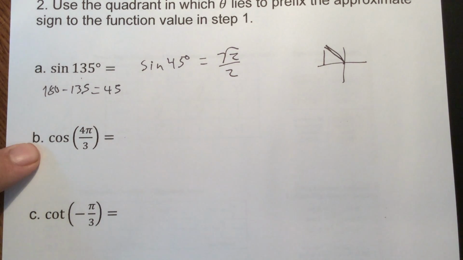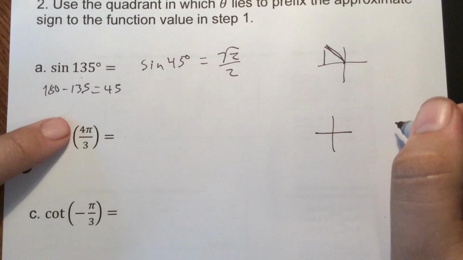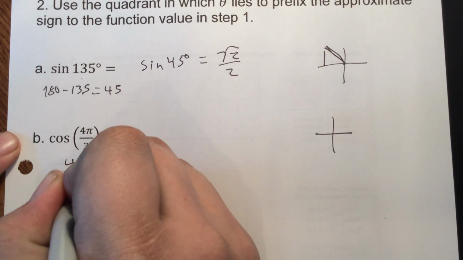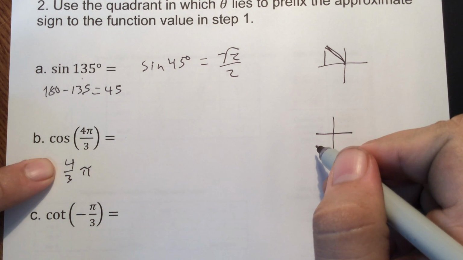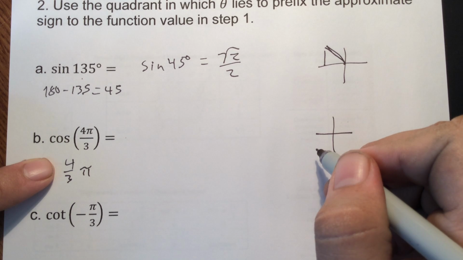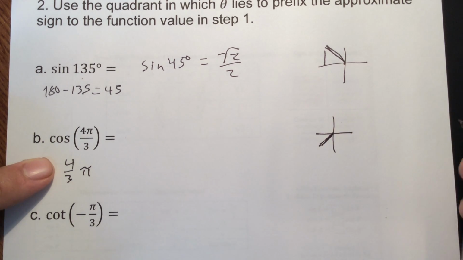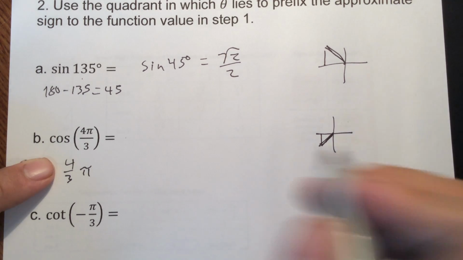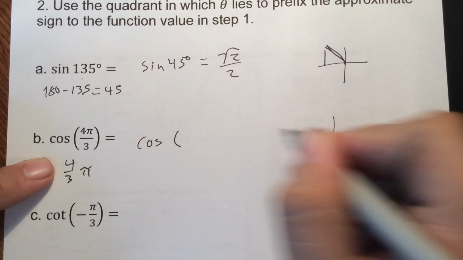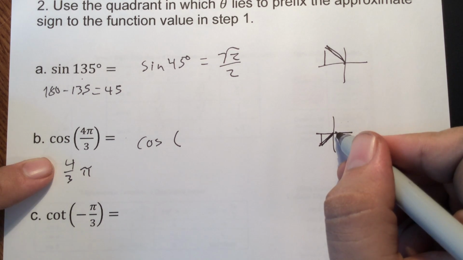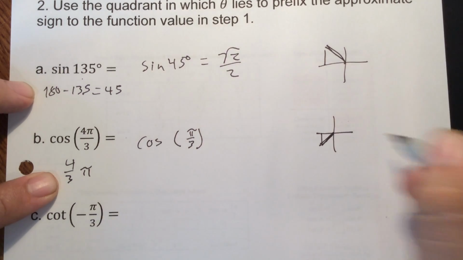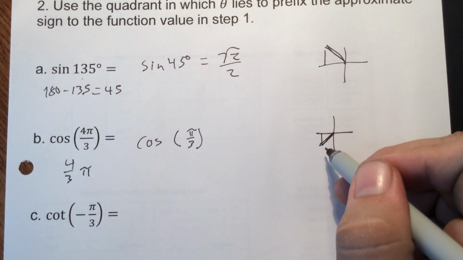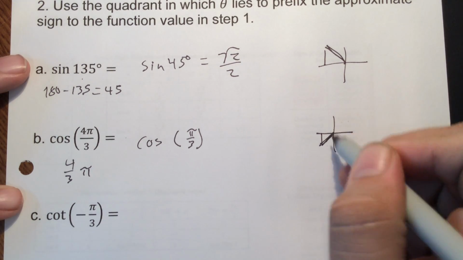Okay. Cosine of 4 pi over 3. Well, if we think of this as 4/3 pi, we're going to be more than 1 pi, but closer to 1 pi than we are 2 pi, so we're going to be here in this third quadrant somewhere. So how far past are we? Well, pi would be 3 over 3, so for 4/3 we're 1/3 past, so we're pi over 3 past. Now, cosine is negative in this quadrant, because we're on the left side of the y-axis.